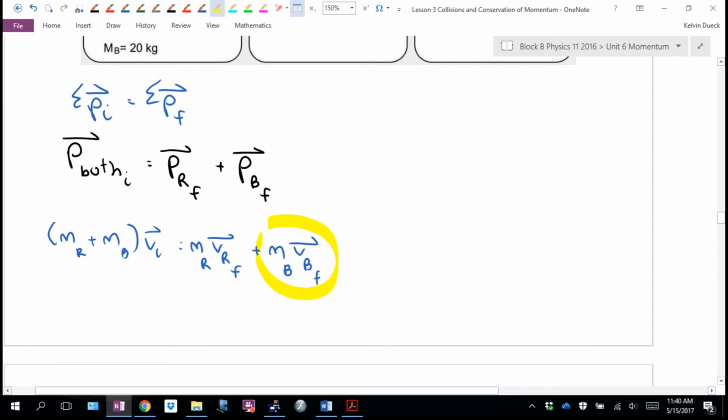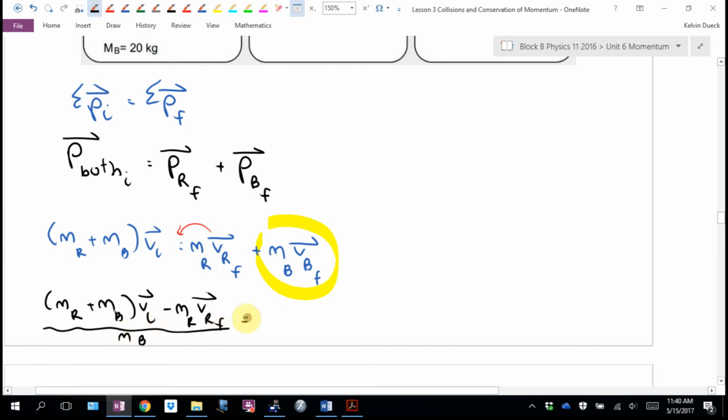This puppy here. I think it's going to be minus that to that side and then divide by mass of B. So I'm going to have (mass of R plus mass of B) V initial minus mass of R V R final, all divided by mass of the bike. That equals the final velocity of the bike, which I'm hoping gives me an answer that was bigger.